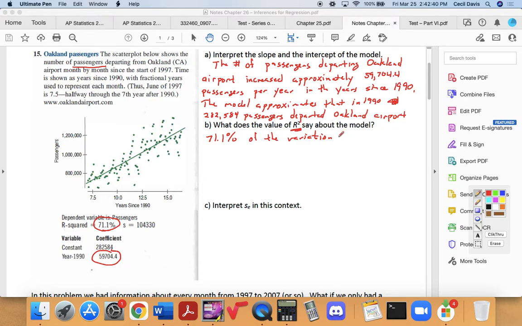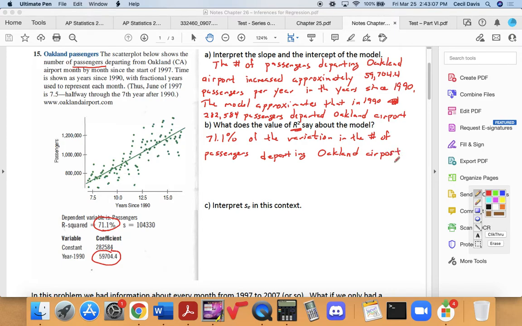In the number of passengers departing Oakland Airport. A lot more people departed Oakland.